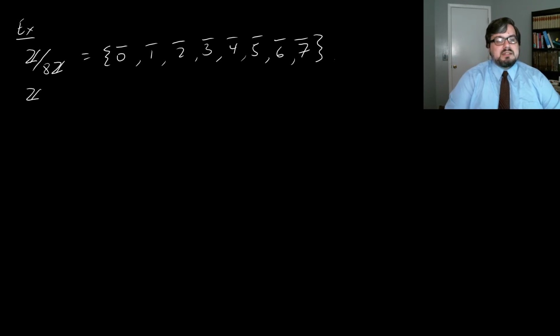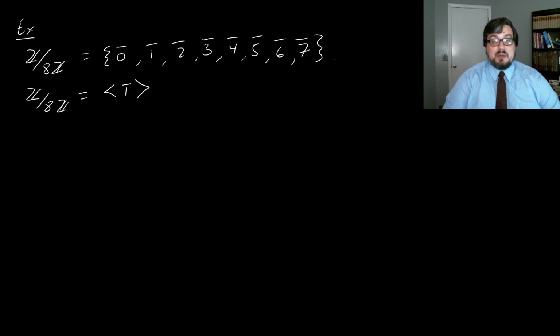So we've already seen that Z mod 8Z is a cyclic subgroup generated by 1. However, it's also a cyclic subgroup generated by other things. It turns out that Z mod 8Z is also the cyclic subgroup generated by 3.